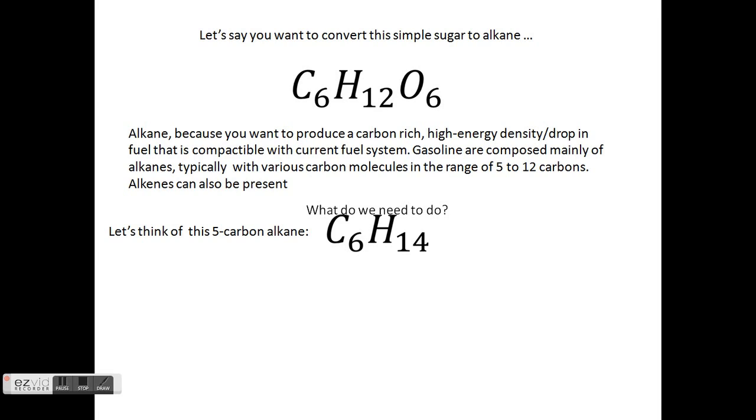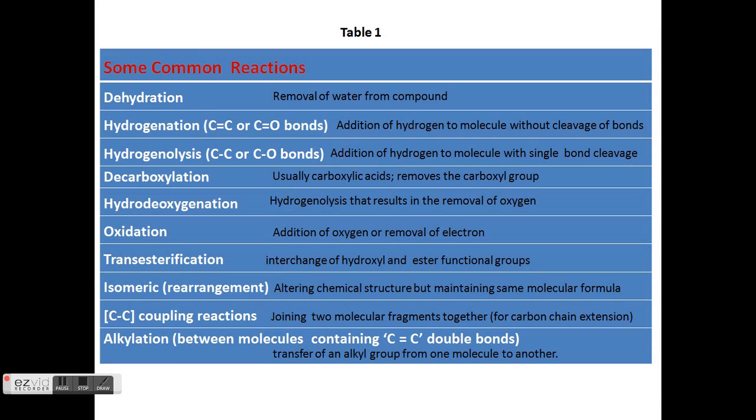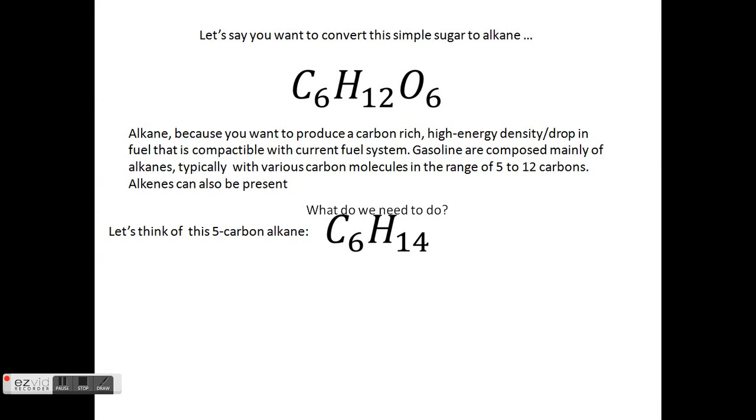So what will you do if you want to produce hexane from glucose? I want you to think about it a bit, especially if you've taken a look at these definitions. What do you think you'll do?